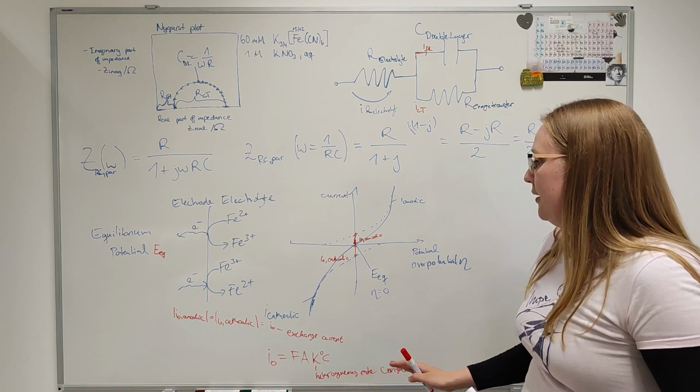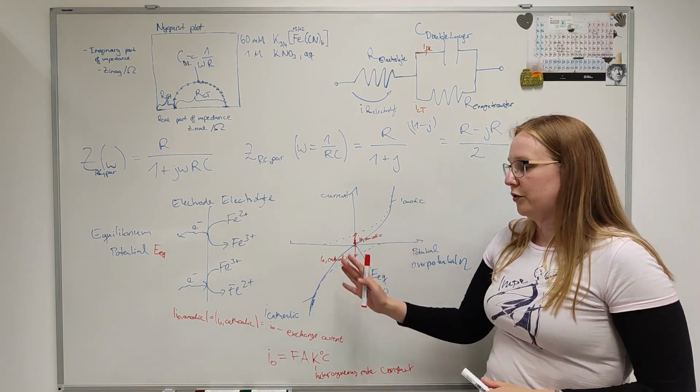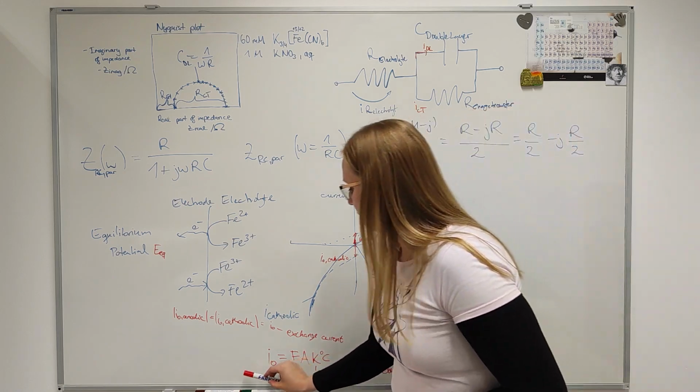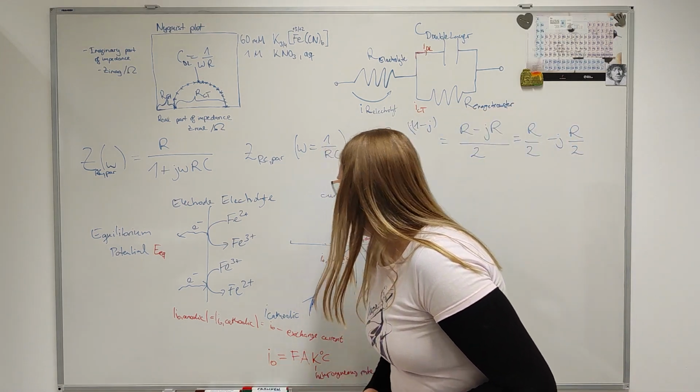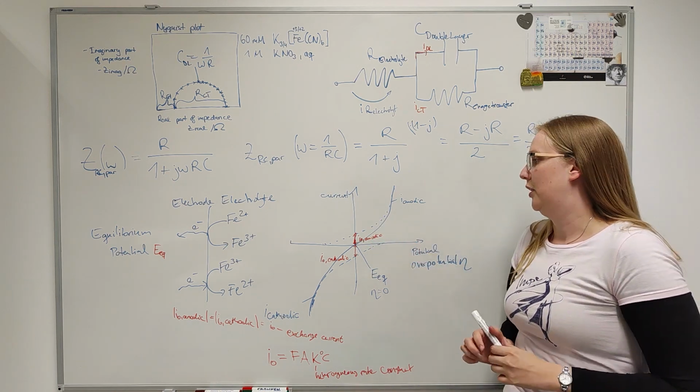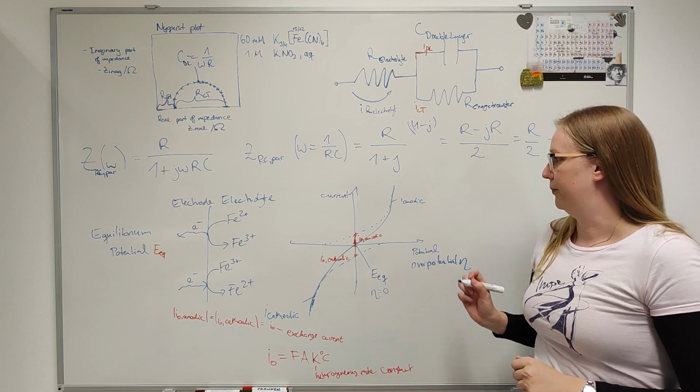So having done that, I can also put this, what I picturized here for you, into mathematical expressions. What I would use here to describe this relation of current and overpotential is the Butler-Volmer formalism.